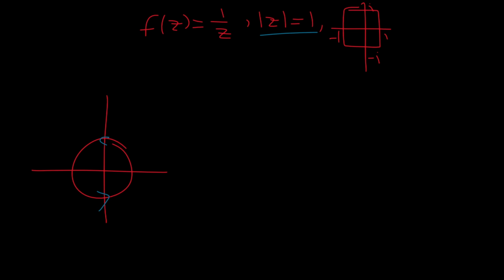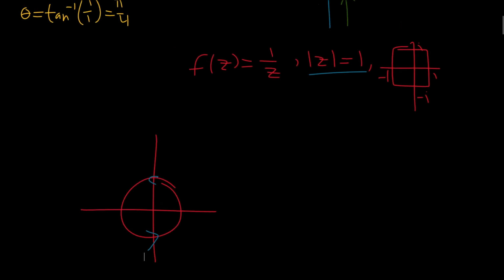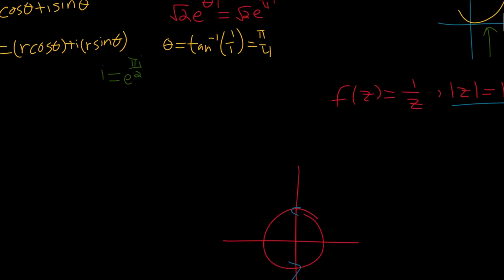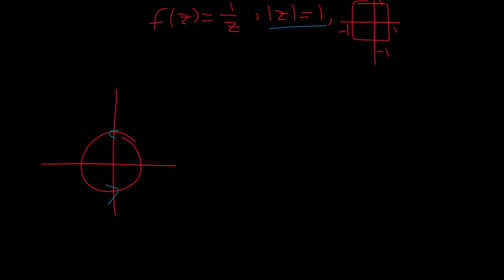And to do this, well, we know the parameterization for a circle. We basically just did it right here. We know that for a circle of radius 1, we can parameterize this as saying z is equal to e to the theta i.